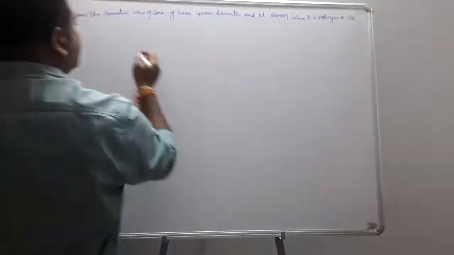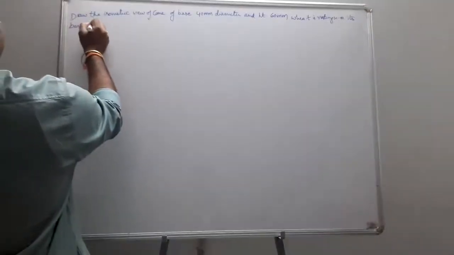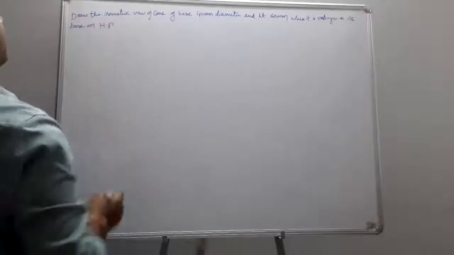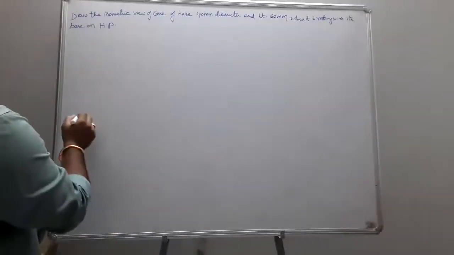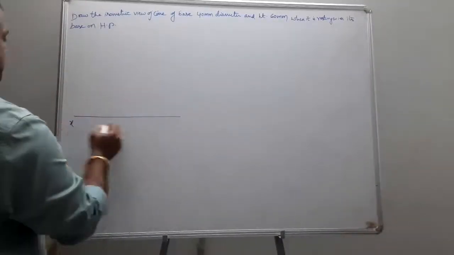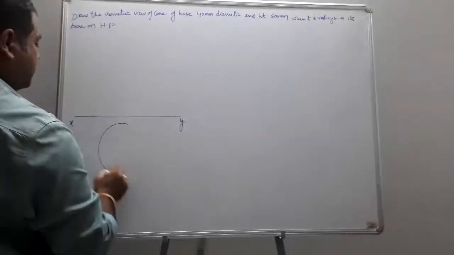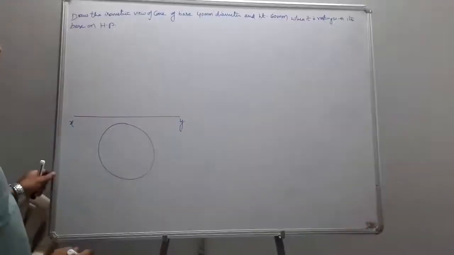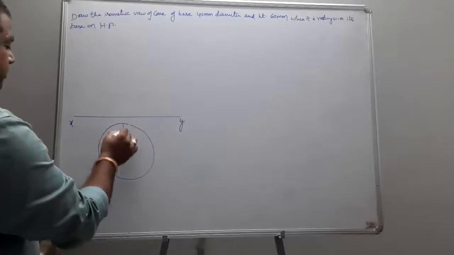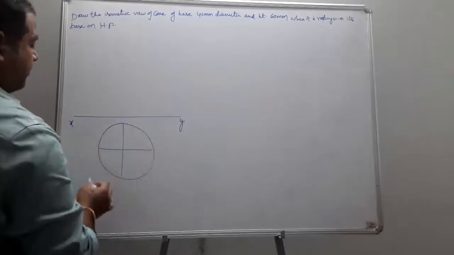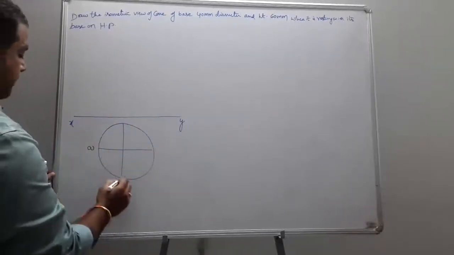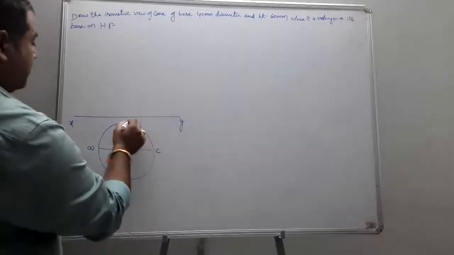What was the simple position? You already know the simple positions, right? Base is on HP means the top view gives a circle. So for our convenience, divide your circle into 4 equal parts. This is A, B, C, D.